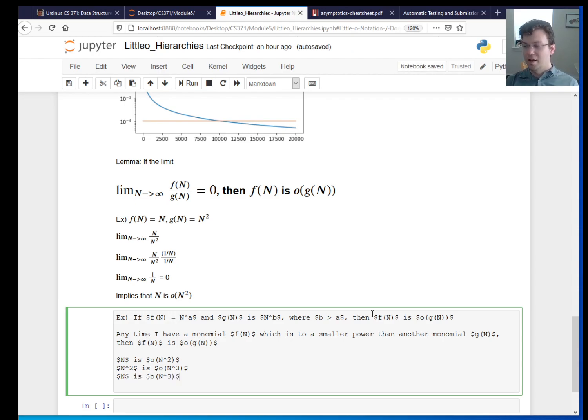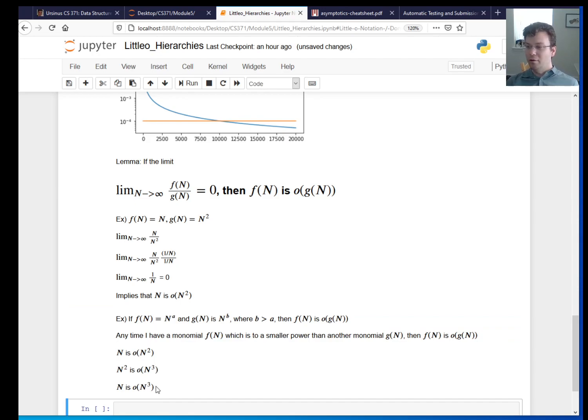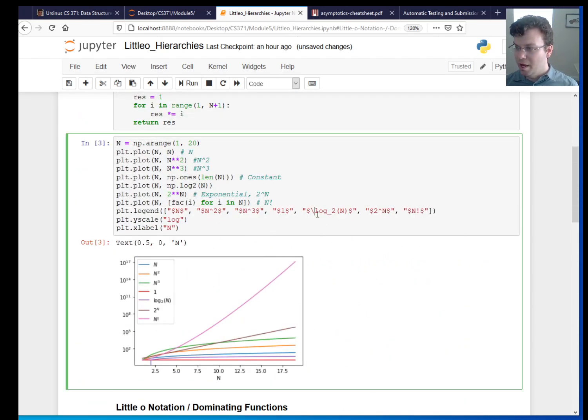And anytime I choose, these are all true. So anytime I choose a power of n that's greater than another power of n, I can show that that power of n dominates. So this is n to the 1, while n squared dominates n to the 1. This is n cubed dominates n squared. Nice. Okay, so we're able to knock out those binomials pretty easily.